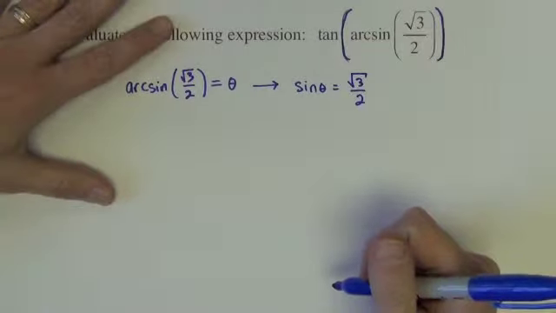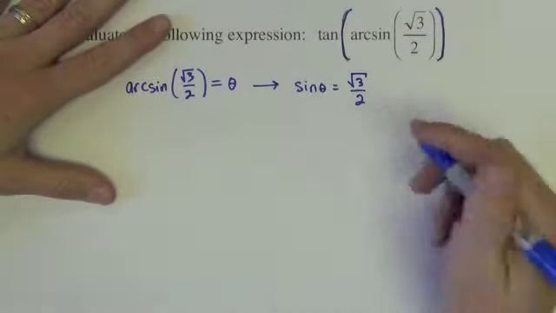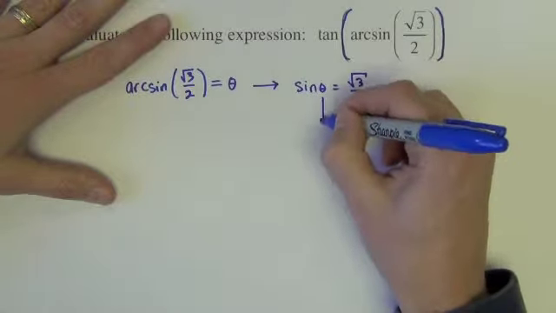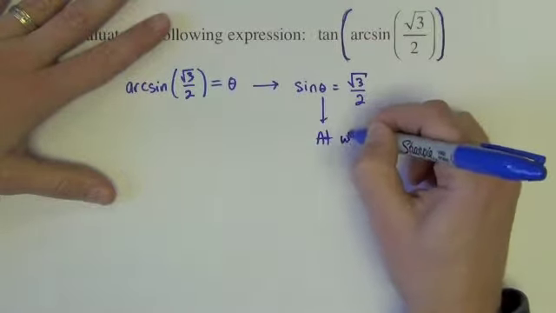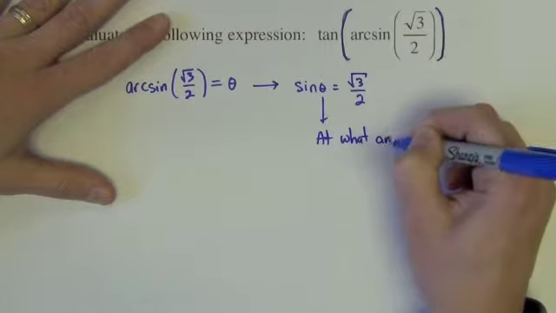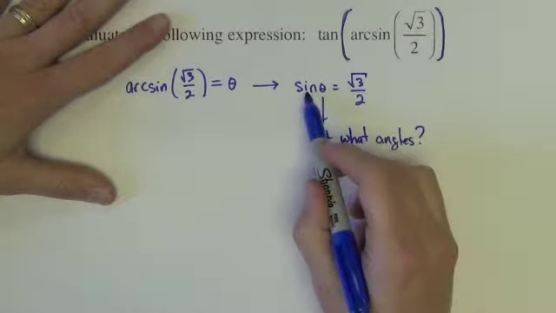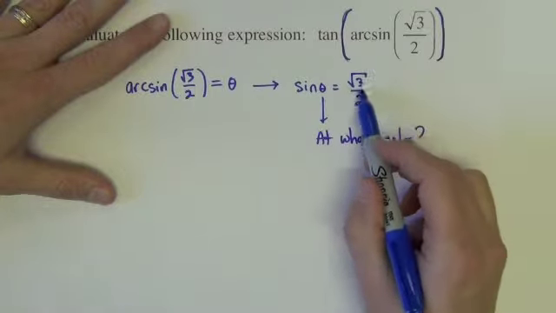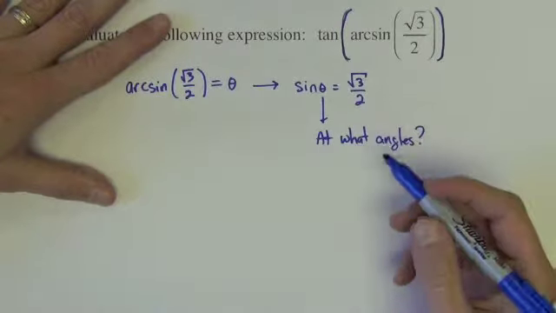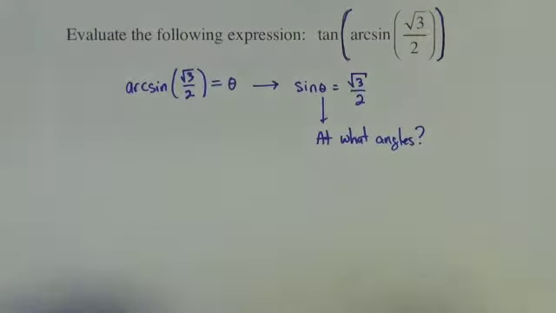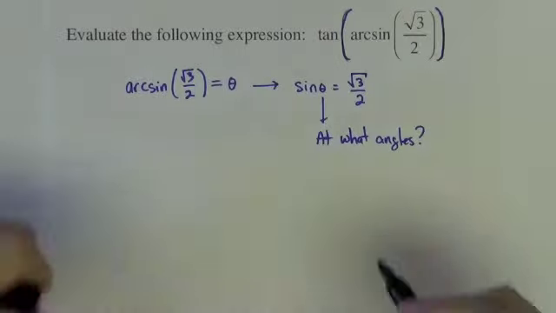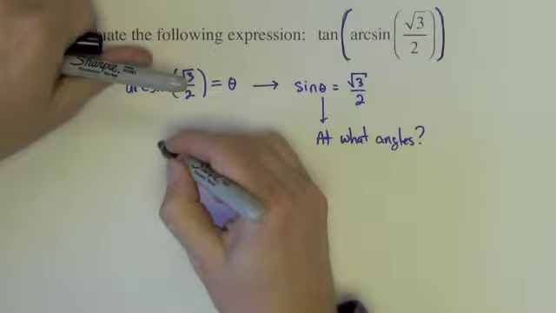So I kind of asked myself, at what angles does sine have a value of square root of 3 over 2? Okay, so let's think about our unit circle.